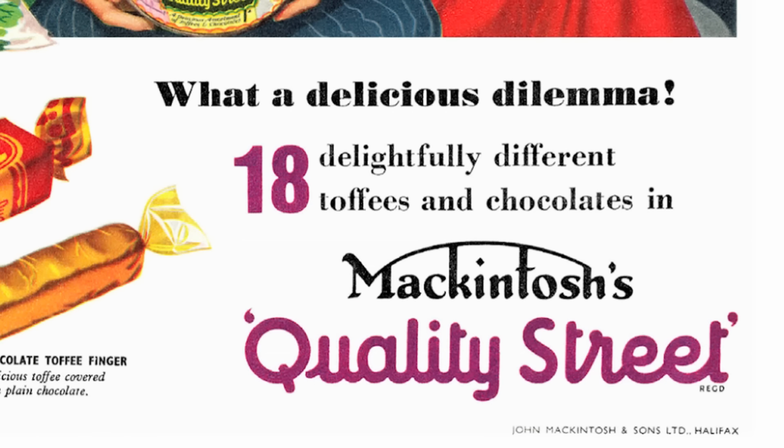So if you have a look at the bottom right of the Quality Street advert, you will see that there is font there that we would consider to be a serif font. There are quirky little curly edges on the Macintosh font. The Quality Street font, although it is quite simplistic, there are some kind of flicks to the lettering, and even on the What a Delicious Dilemma and the rest of the writing, it does have some serif edging to it.